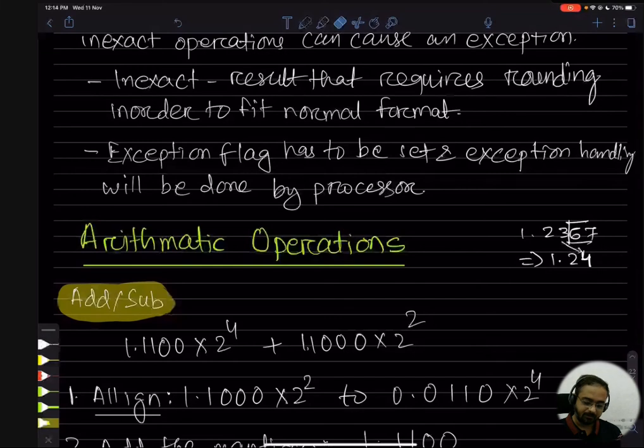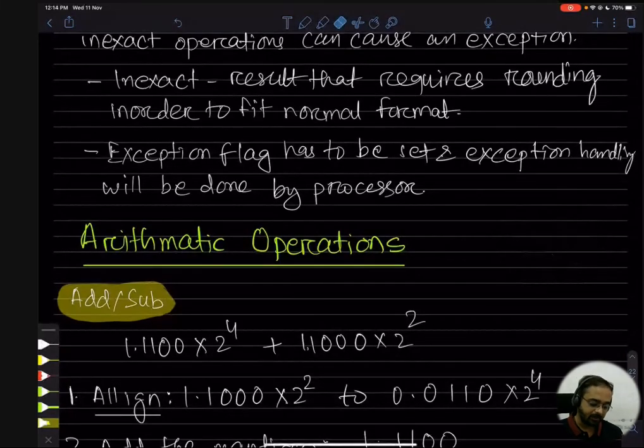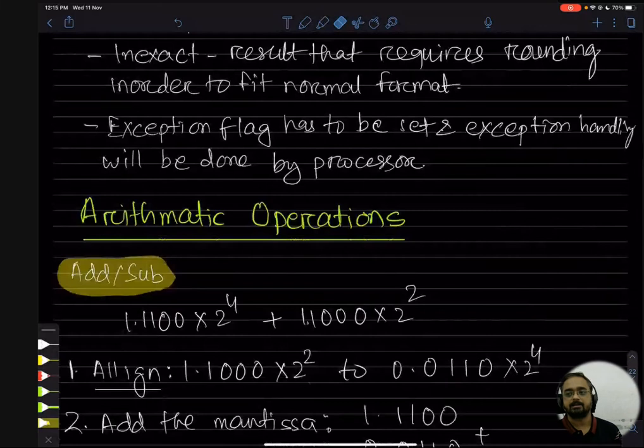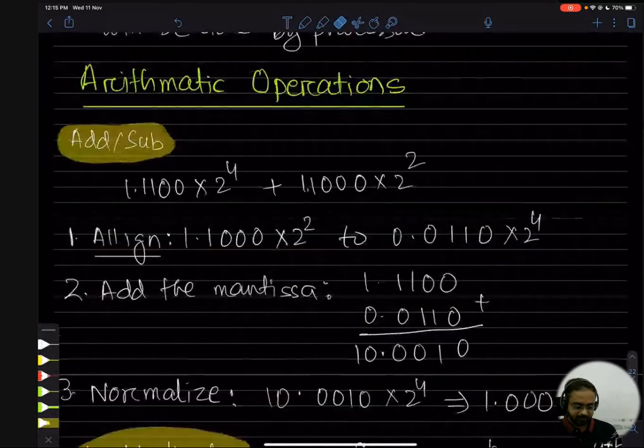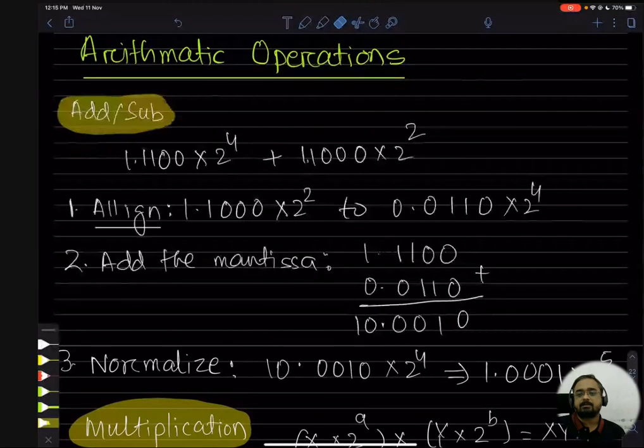So something like this type of operation will occur. Any rounding operation that occurs in your binary arithmetic result is an inexact operation. So what type of operations does this arithmetic support? Obviously the addition, subtraction, multiplication, division. And we know addition and subtraction are similar.